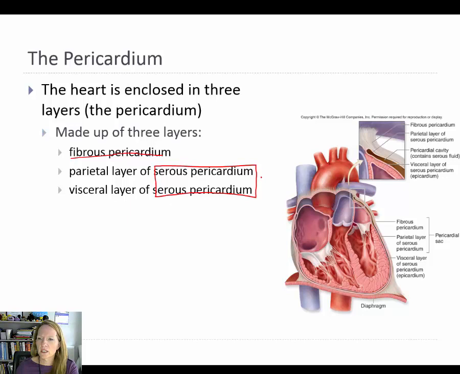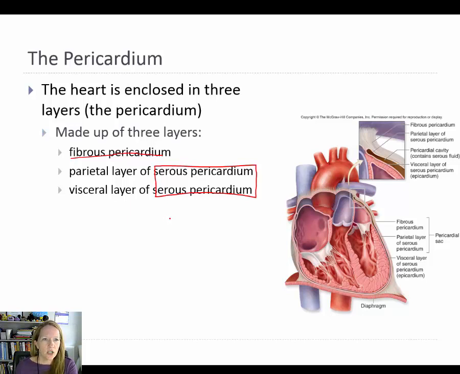And then this is something that you should have been introduced in 2401, the different serous membranes of the body, and here is the serous pericardium. So you always have a parietal and a visceral layer. The visceral layer is always going to be the one closest to the organ, and the parietal layer is usually the one that is lining the body wall or the body cavity.